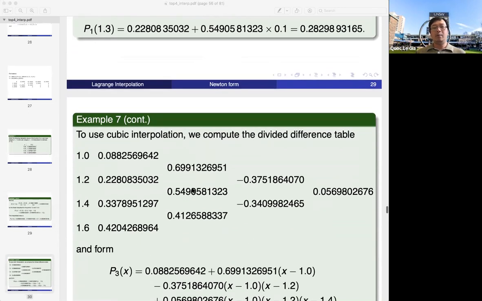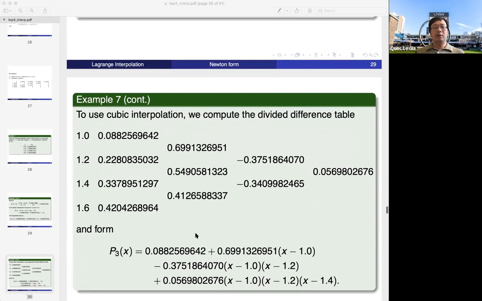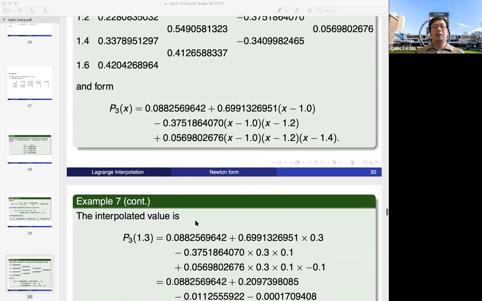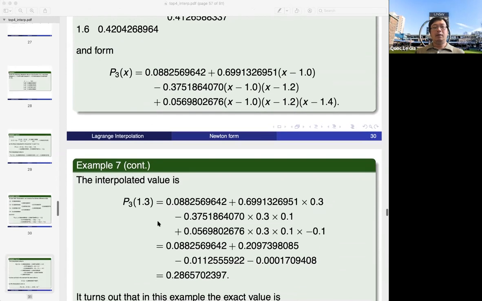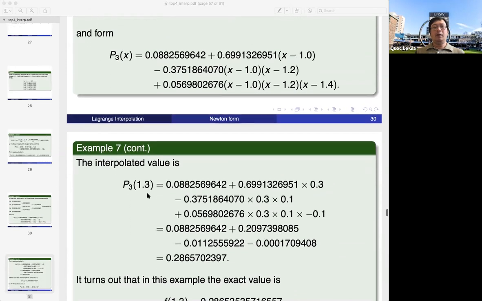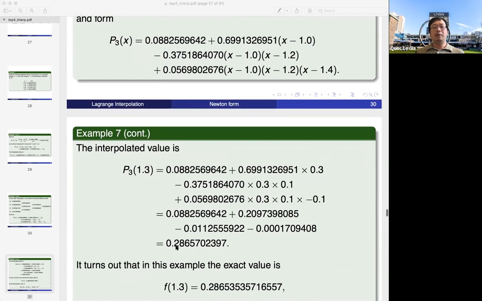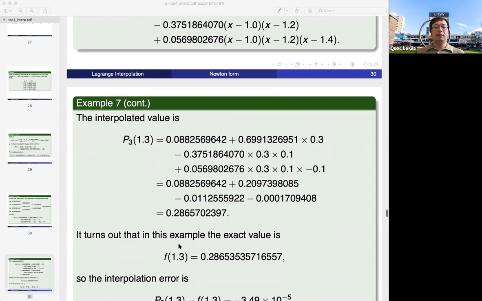So this one you can put into MATLAB. Put the x here and the y value here. You get the coefficient and you form the polynomial. And then you can see that if you put in the value x equal 1.3, then you get the approximate value of the function f at 1.3.